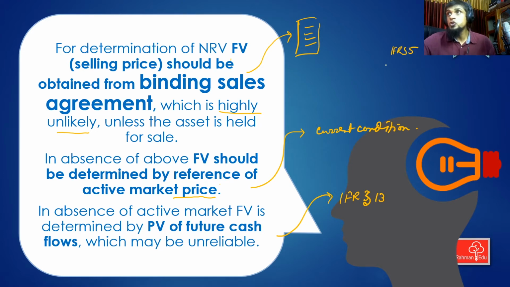That talks about non-current assets held for sale and discontinued operations, that kind of stuff. Whether that asset already falls under that IFRS or not. If it falls under that IFRS, then IAS 36 will no longer be applied.